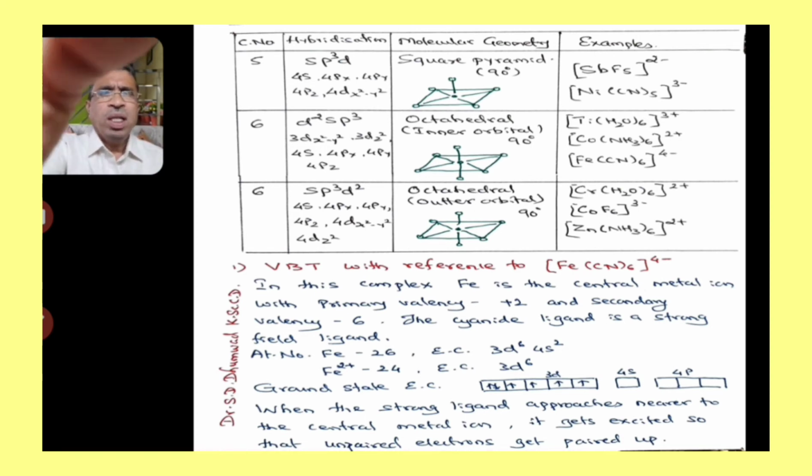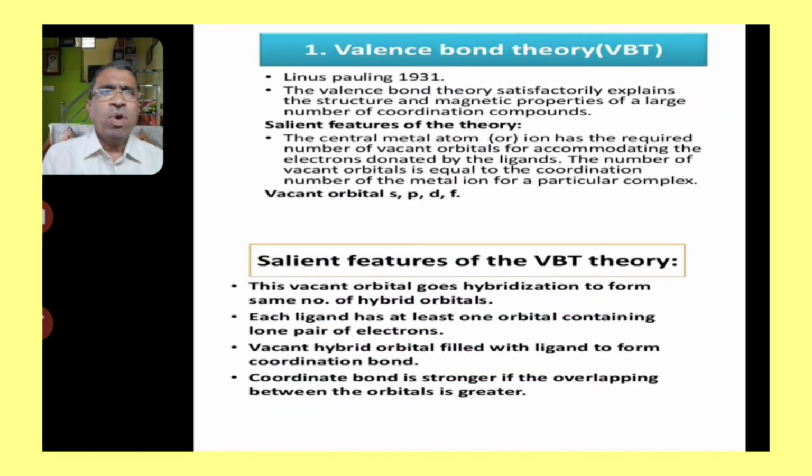Now, the same that we have discussed so far is about the valence bond theory. In this slide, the salient features of the valence bond theory are given. As I have said, Linus Pauling explained this valence bond theory in 1931. This theory satisfactorily explains the structure and magnetic properties of a large number of coordination compounds.